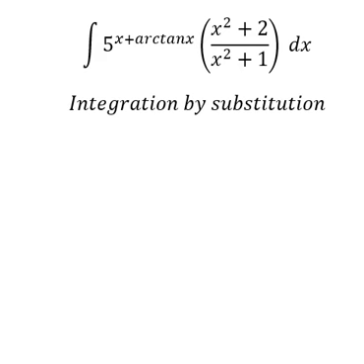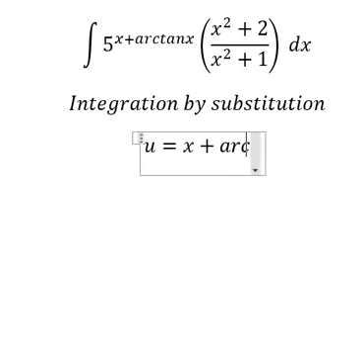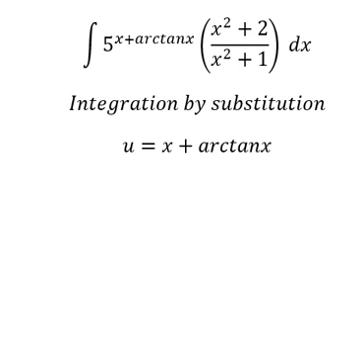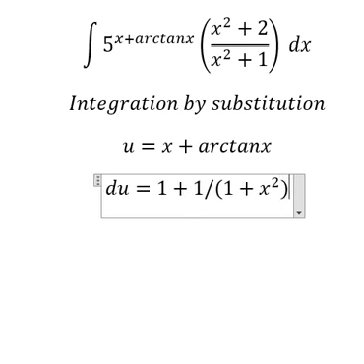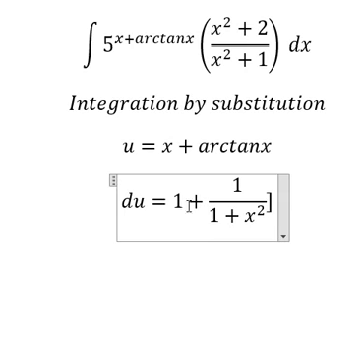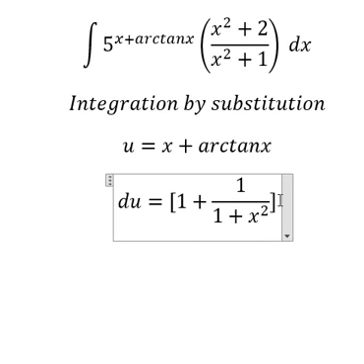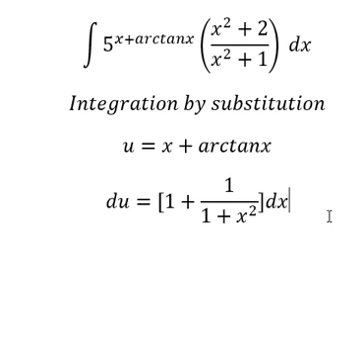So I will put u equals x plus arctan of x. So we take the first derivative of both sides. We have 1 plus 1 over 1 plus x squared, and we put inside the square brackets, and we have the x.